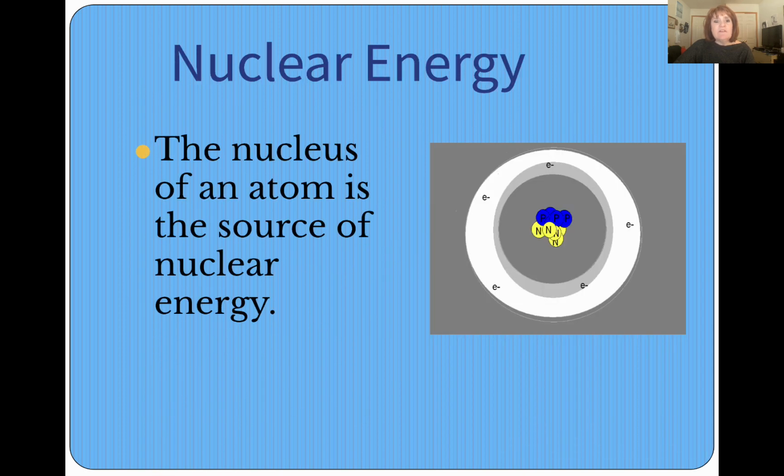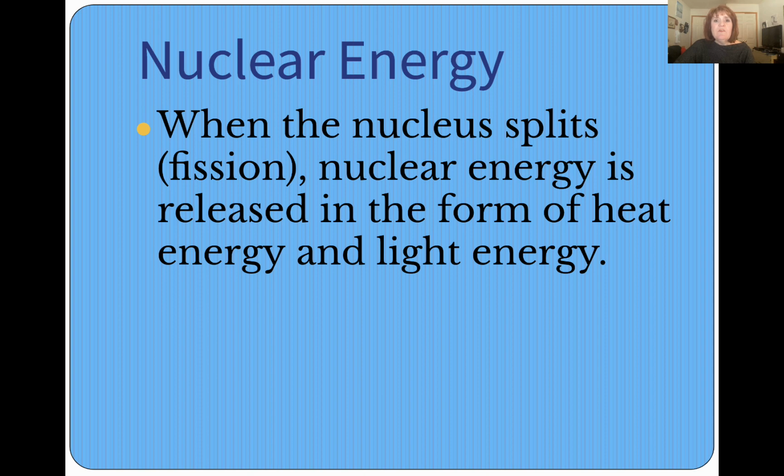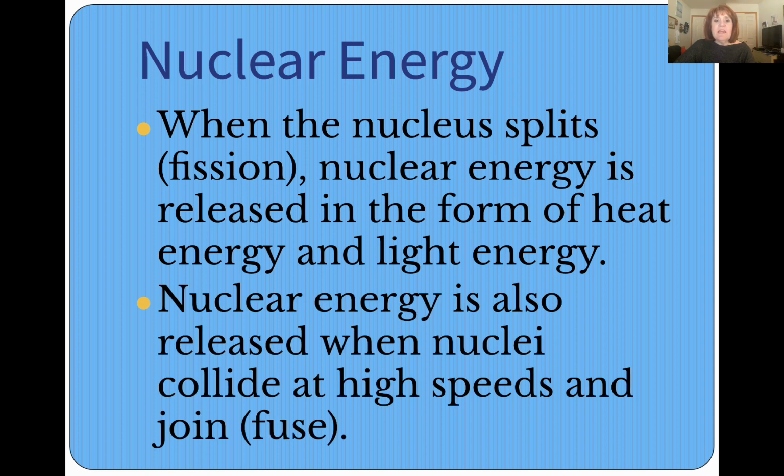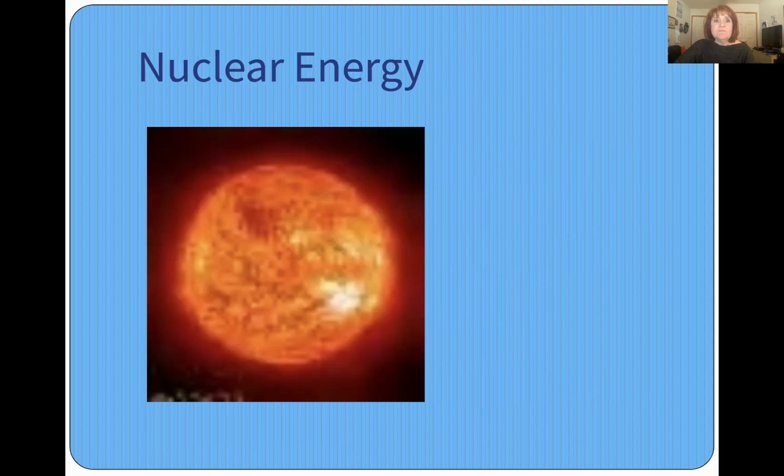Nuclear energy is found in the nucleus of an atom. It is the source of nuclear energy. When the nucleus splits, this is called fission, nuclear energy is released in the form of heat and light. Nuclear energy can be released when the nuclei also collide at very high speeds, and this is known as fusion.